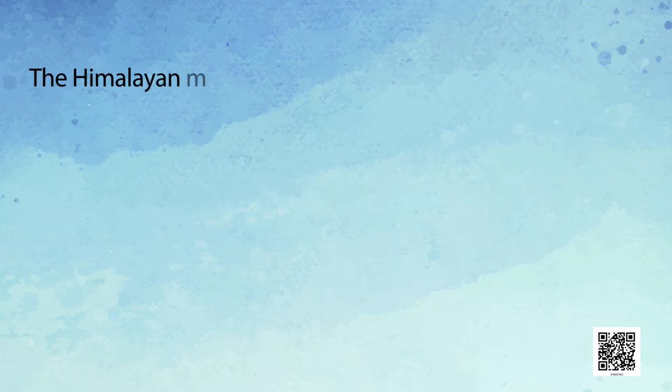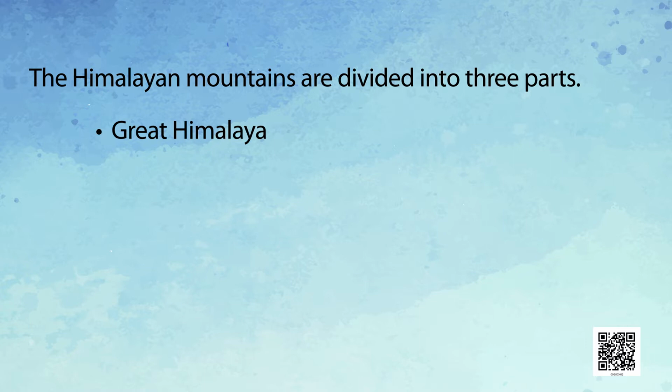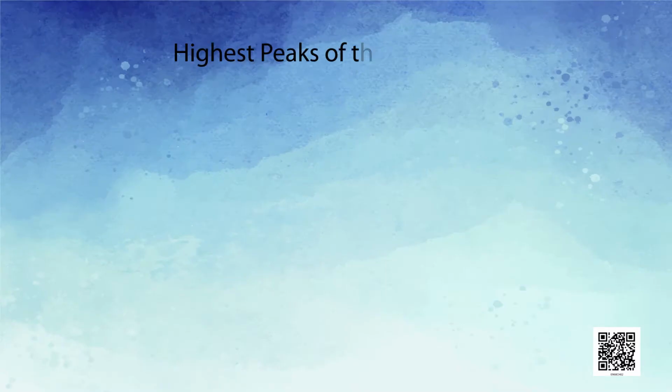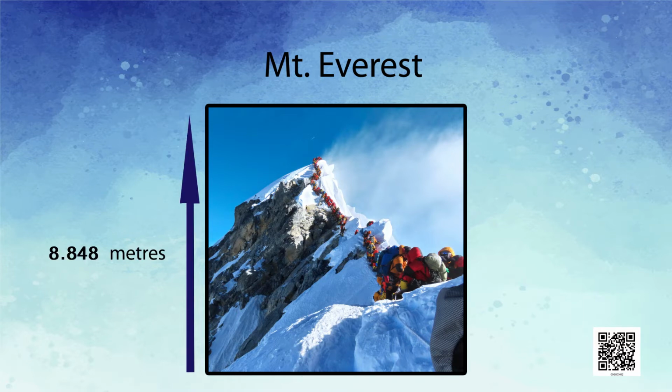The Himalayan mountains are divided into 3 parts. They are Great or Inner Himalayas, also known as Himadri, Himachal or Lesser Himalayas, and then we have Shivaliks or Outer Himalayas. The highest peak of the Himalayas is Mount Everest, which lies in Nepal and has a height of 8,848 meters.